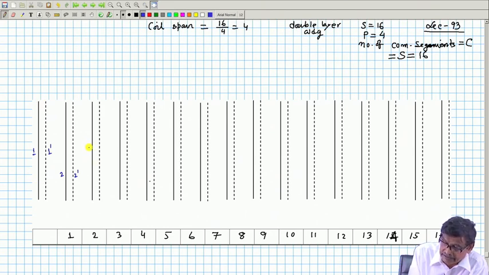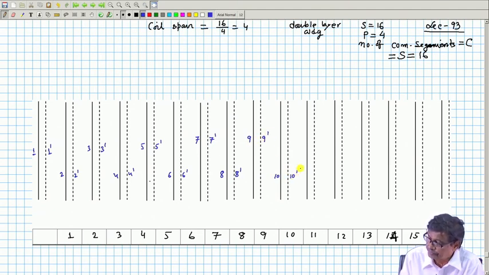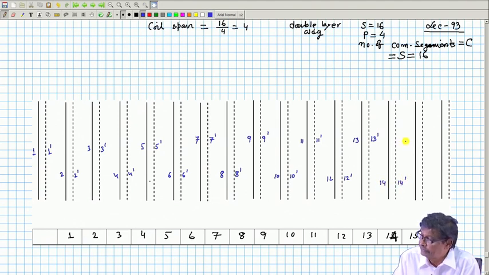Then 3, 3 dashed, 4, 4 dashed, and so on up to 8, 8 dashed in slot number 8, 9, 9 dashed, 10, 10 dashed, 11, 11 dashed, up to 16, 16 dashed.